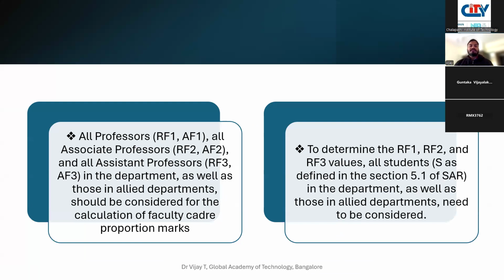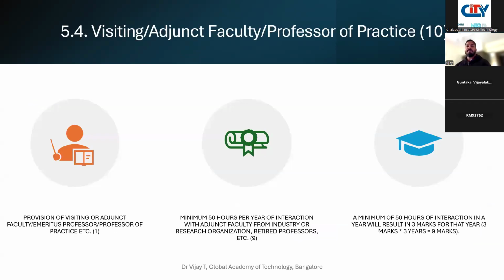All professors, associate professors and assistant professors in the department, as well as in the allied departments, should be considered for calculation of faculty cadre proportion marks. Since you are computer science, and I think there are four departments related to computer science and engineering, you have to consider all the faculty in the cluster and then calculate these marks with respect to criteria 5.